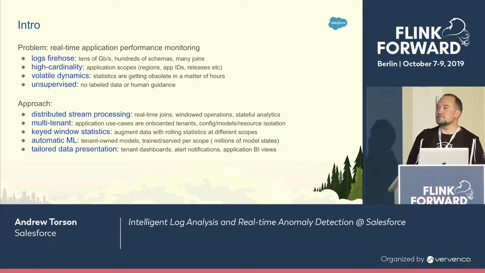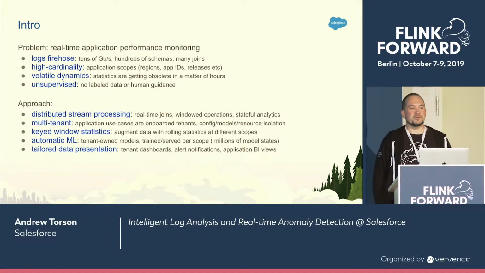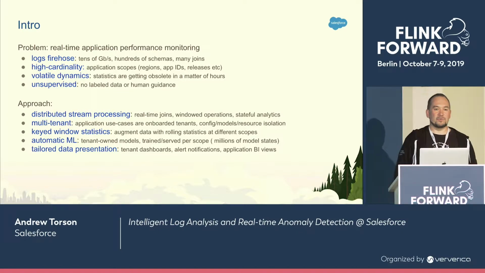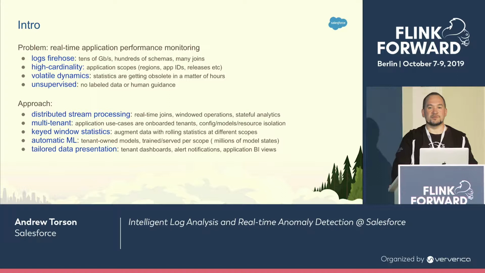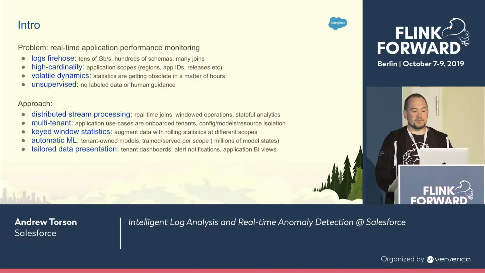The other two challenges concern application performance monitoring, which is one of the largest use cases for log analysis. Application performance dynamics are often quite volatile. Most of the time it's business as usual, everything is fine, but then something happens and there is volatility in application performance, and it might be gone in half an hour or an hour.